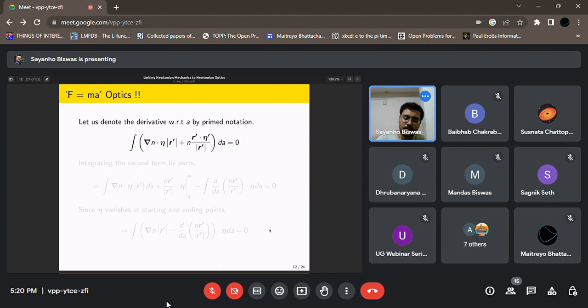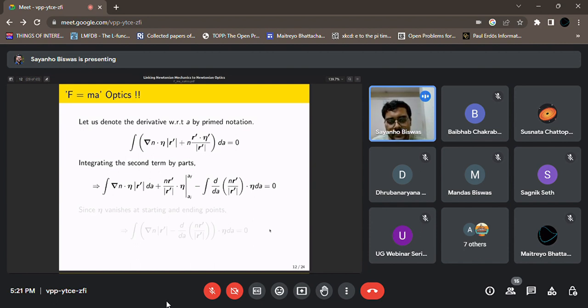That means this should give me the path along which the infinitesimal variation in phase is 0, and that is what I'm considering to be the correct path of the light. That means light trajectory. What we do is something standard and done in Goldstein as well. Anyone who is studying calculus of variations, you can go through this. Second term I integrate by parts.